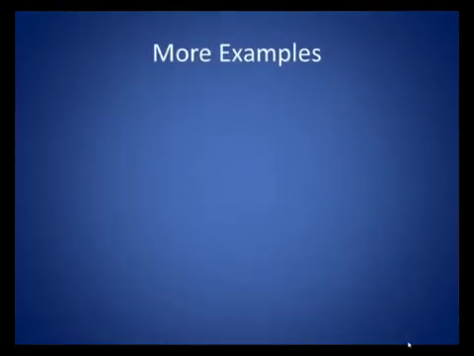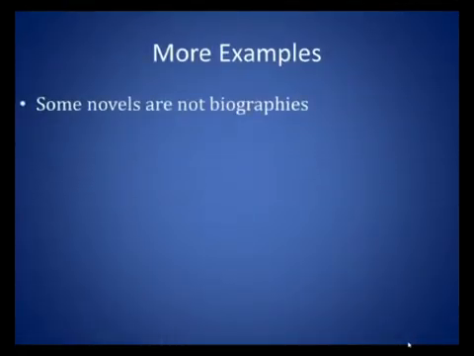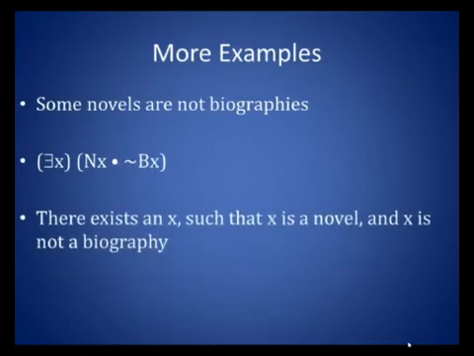Let's look at some more examples. Some novels are not biographies. There exists an x such that x is a novel and x is not a biography. There's at least one of them out there according to this claim.